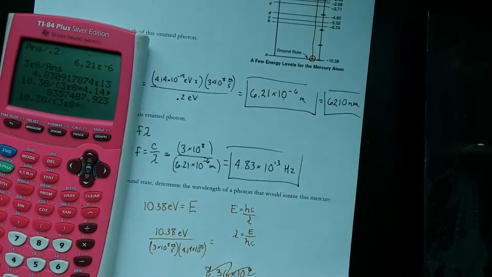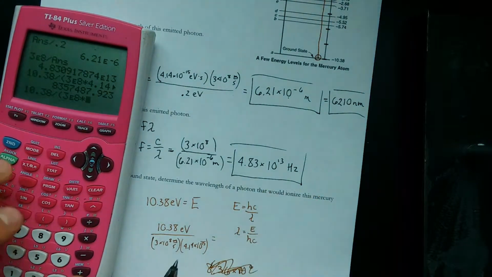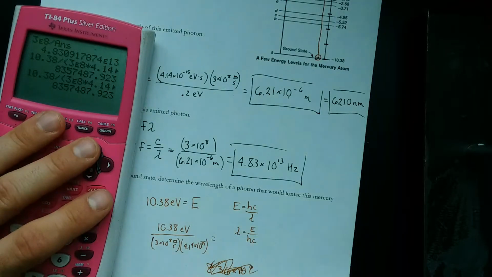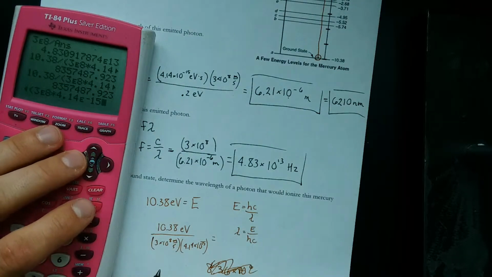It's always good to question your answer and see that, wait, I need something in the nanometer range. So if you made a mistake, always good to check that out.